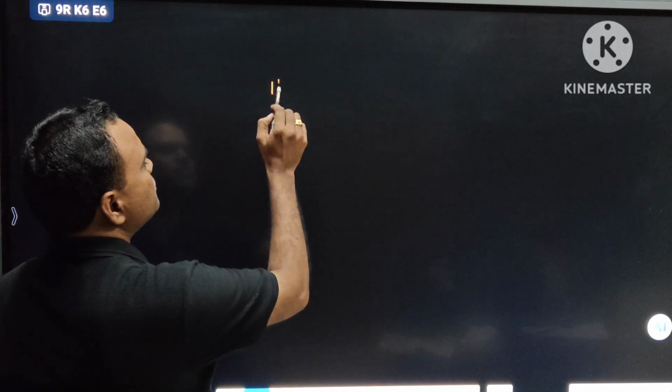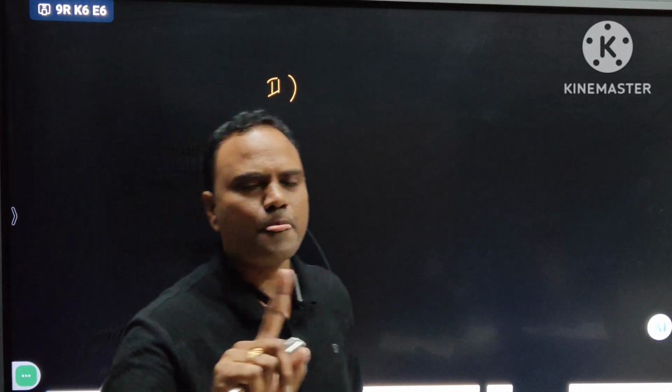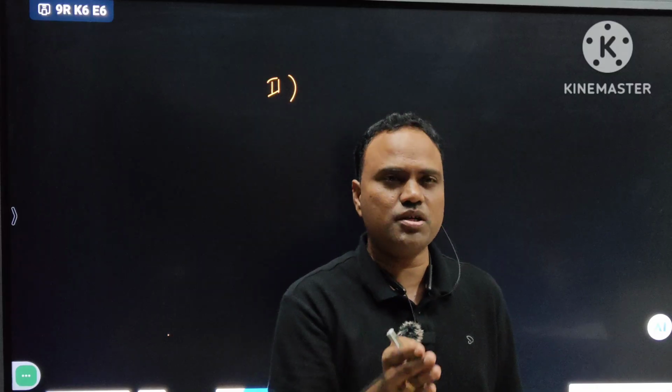Next, see Roman number 2. Roman number 1 is based on the position of NH2. Roman number 2 is very important, a question-coming area, right? Based on the need. Some amino acids are synthesized in our body, so we need not take them through diet. Those are non-essential.